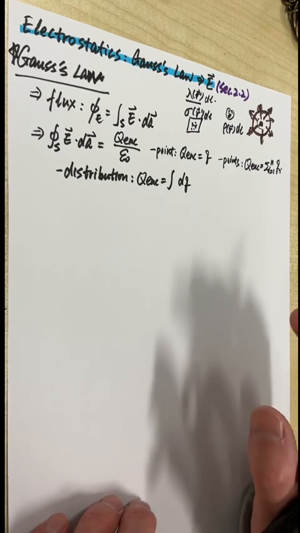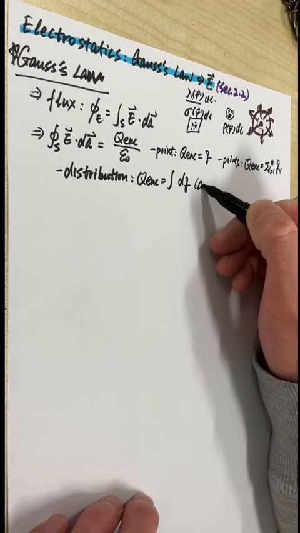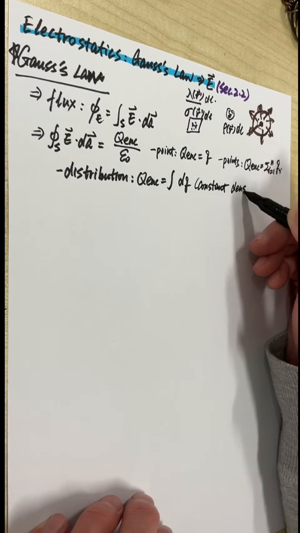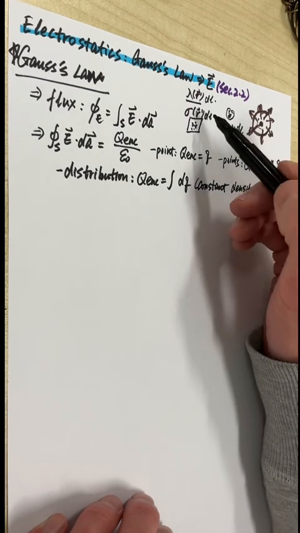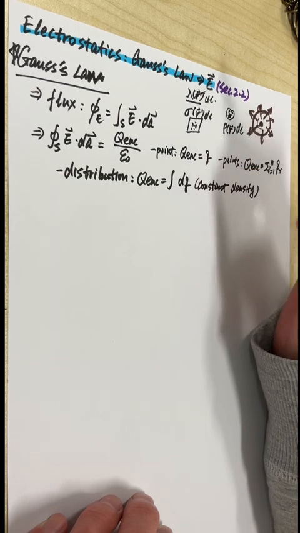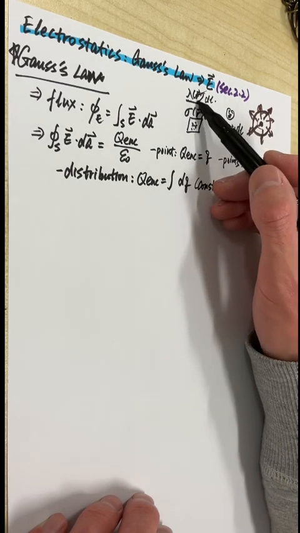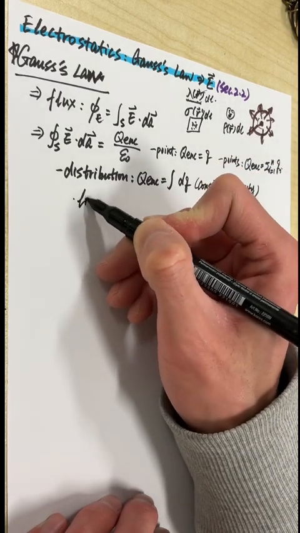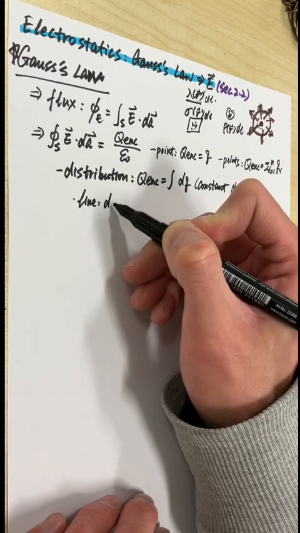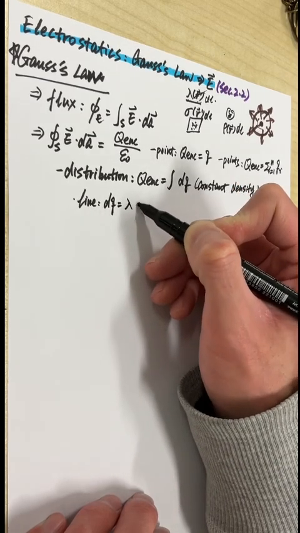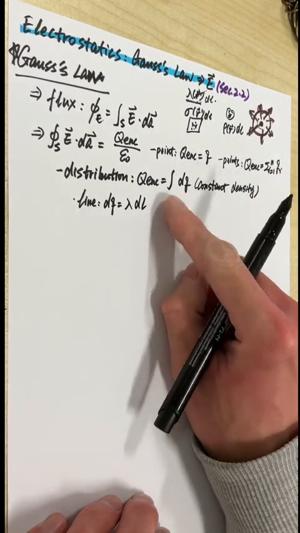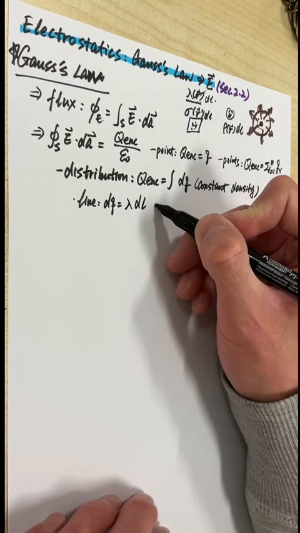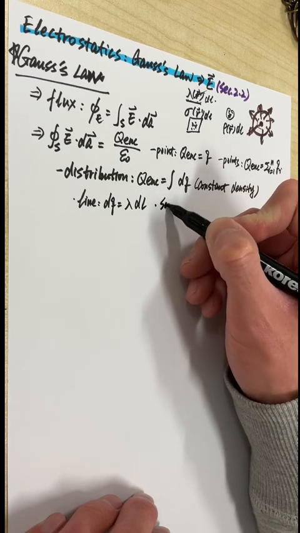It's only helpful to us when we have constant density, where if it's a line charge, it's not a function of the location. It's constant density across the line. So if it's a line charge, we have dq equals lambda dl, so we do a line integral, but the density is a constant. And then we have a surface.